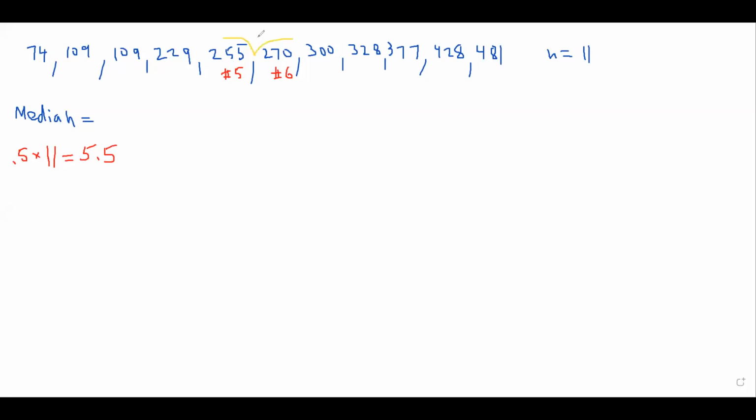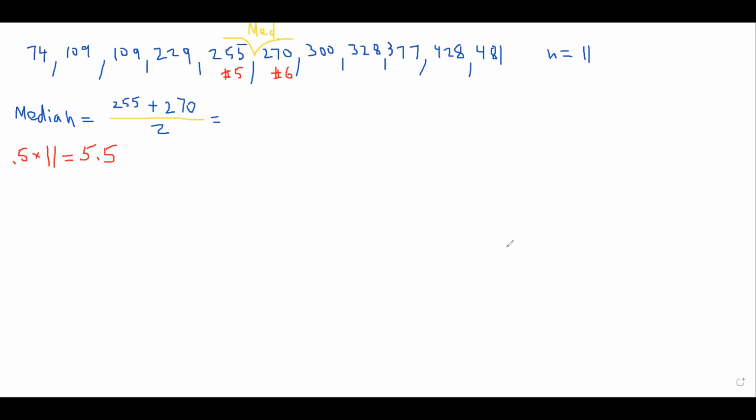Well, it turns out we need to find the middle element of the sample by adding these positions together. So I add what sits on the fifth place, which is 255, and the next position, which is 270, and divide this sum by 2, and this will enable me to actually see what's supposed to be in the middle of the sample.